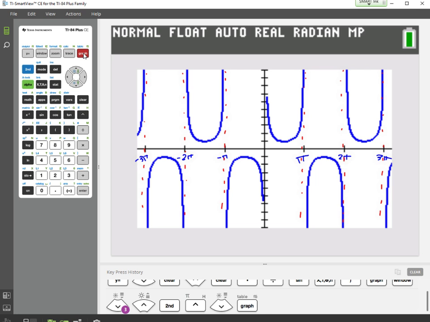Remember, it still has a period of pi though. So it would be the same thing. Like right here, like this. Well, first of all. Oh, zero.